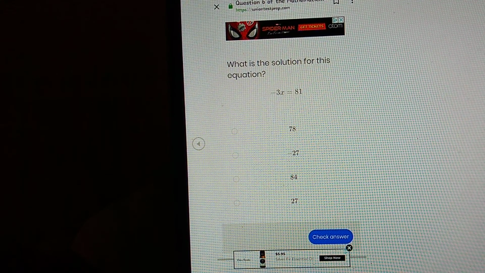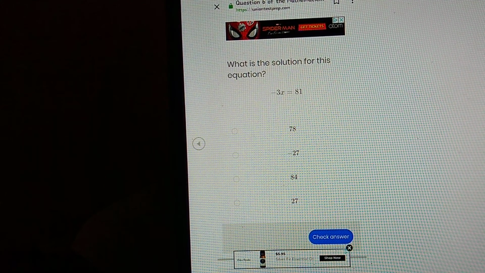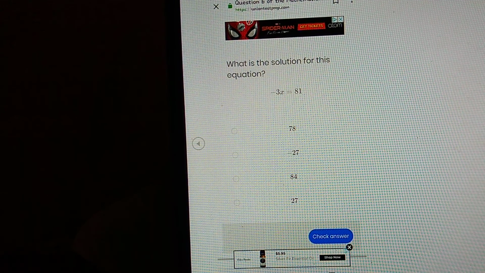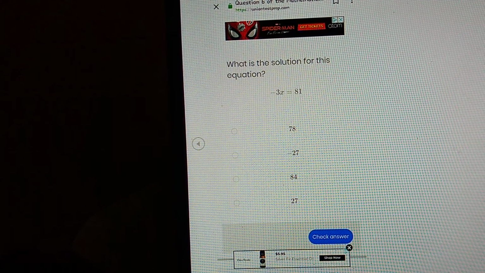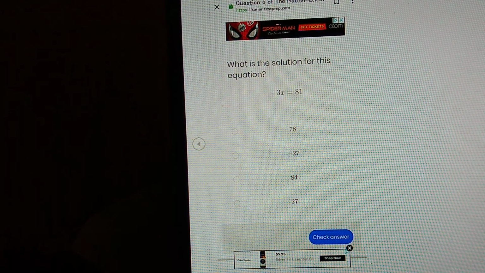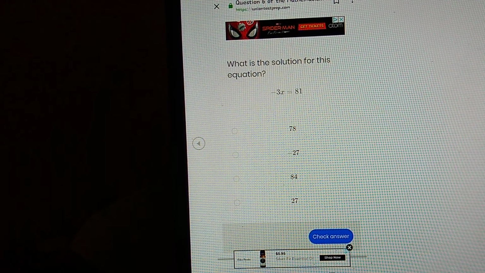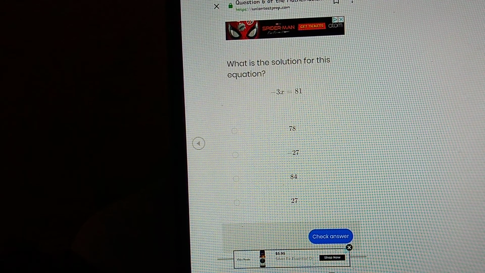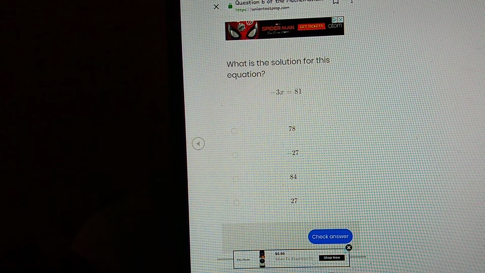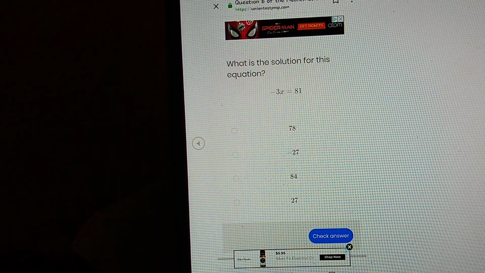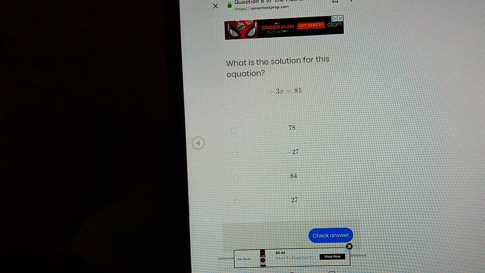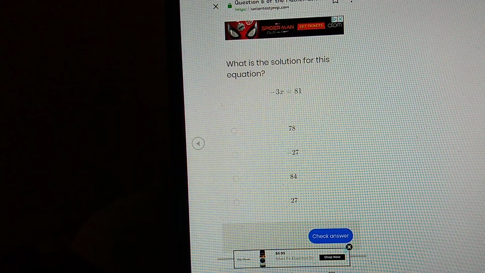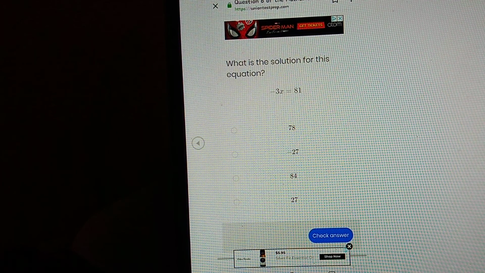Okay, so we have x alone on one side, but we're not done yet. Remember that rule, whatever you do to one side must be done to the other. So we do the same to the other side, is what I'm trying to say. We divided it by negative 3, so we therefore must divide the other side by negative 3 as well.